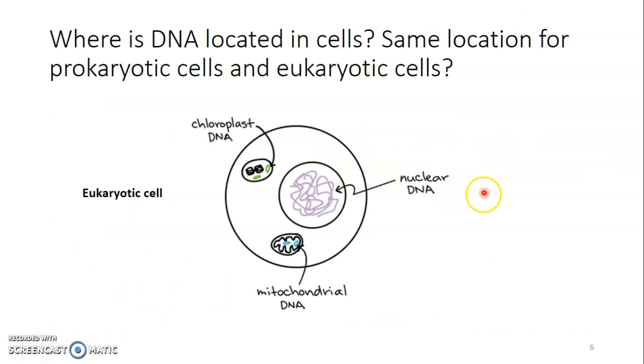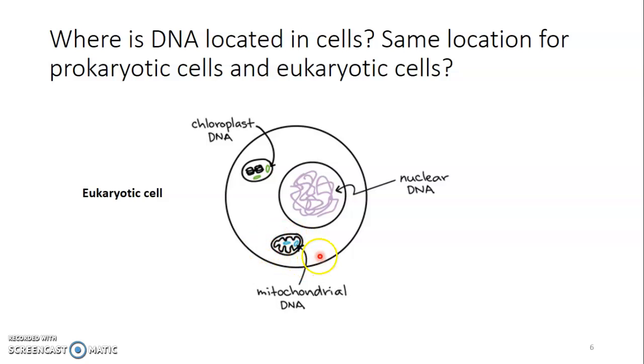Where is DNA located? So this is just looking at the big picture. In eukaryotic cells, of course, DNA is going to be located in the nucleus, and that's where the nuclear DNA is, and that's going to contain chromosomes. But also, because we've inherited these organelles from prokaryotic organisms, that's endosymbiosis, there is some DNA in the chloroplast organelle and some DNA in the mitochondria, the mitochondrial DNA.